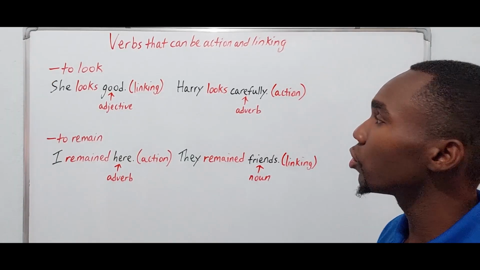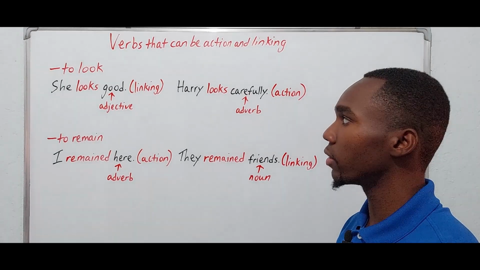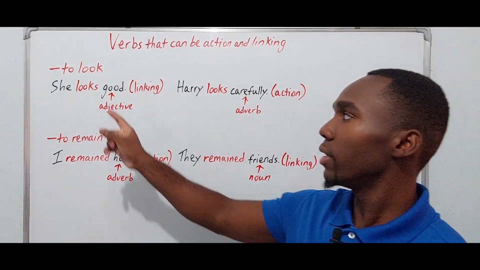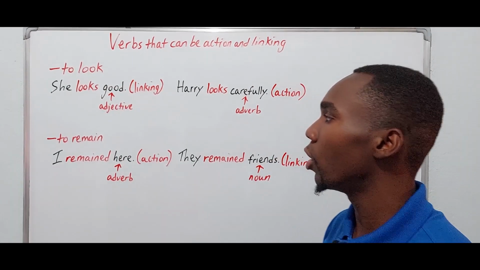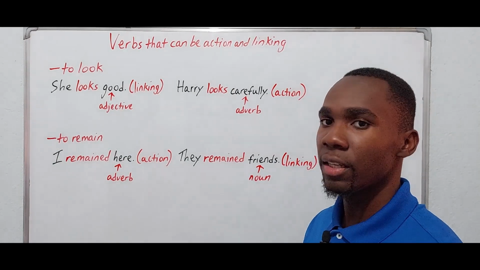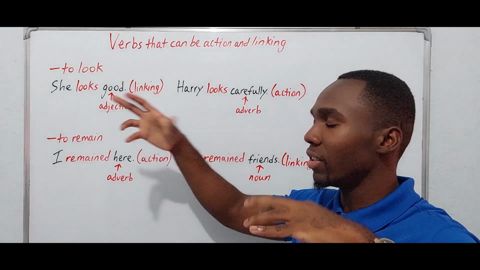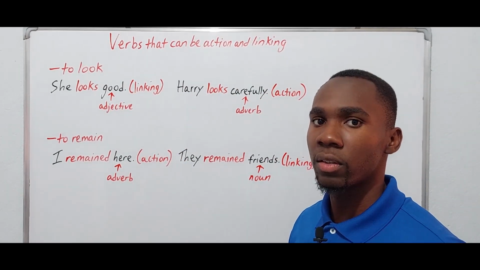Okay, so we move on to verbs that can be action and linking depending on the context, okay? So let's look at the verb to look. Now, she looks good. That's a linking verb because the verb looks is describing her appearance. Okay?